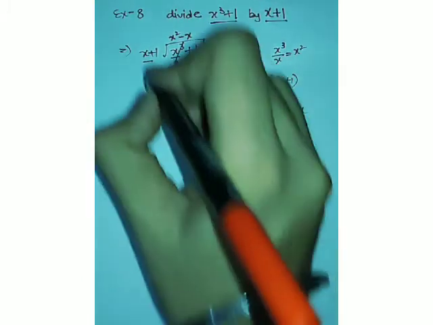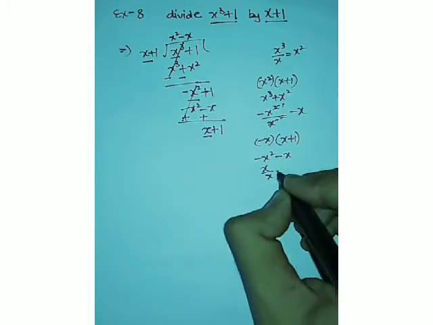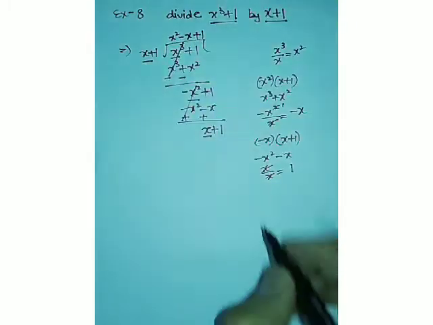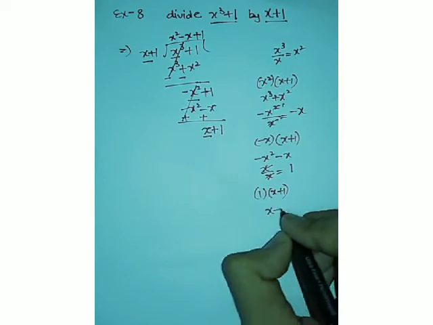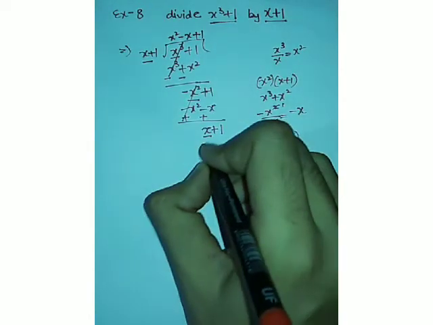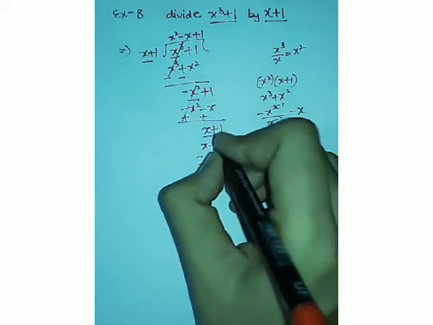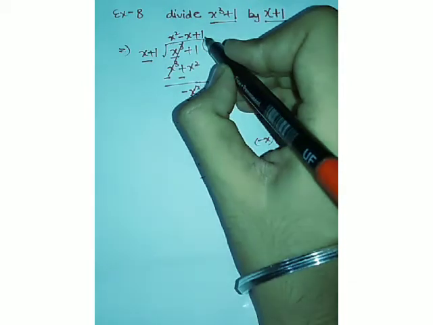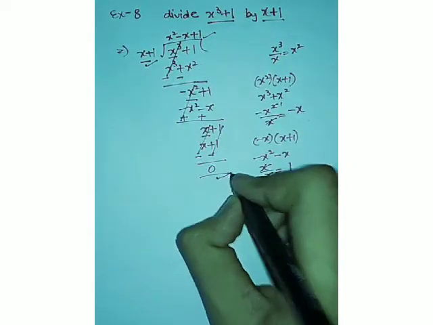First term of this and first term of this, that is x upon x, you will get 1 only. 1 will be the last term of quotient. Multiply 1 by x plus 1, what will you get? X plus 1. Directly write x plus 1, change the signs, and both terms will be cancelled and your remainder will be 0. So this is our quotient, this is our divisor, and this is our remainder.